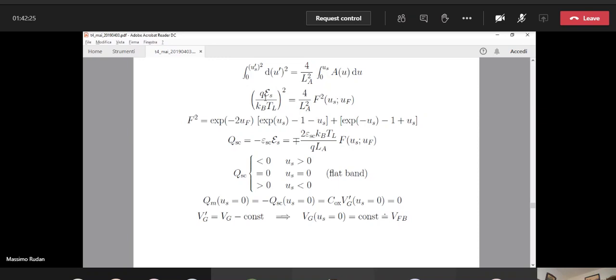At this point we calculate the charge in the semiconductor per unit area, QSC. You remember, it is equal to minus the permittivity times the surface field in the semiconductor. At this point, we extract the surface field from here.